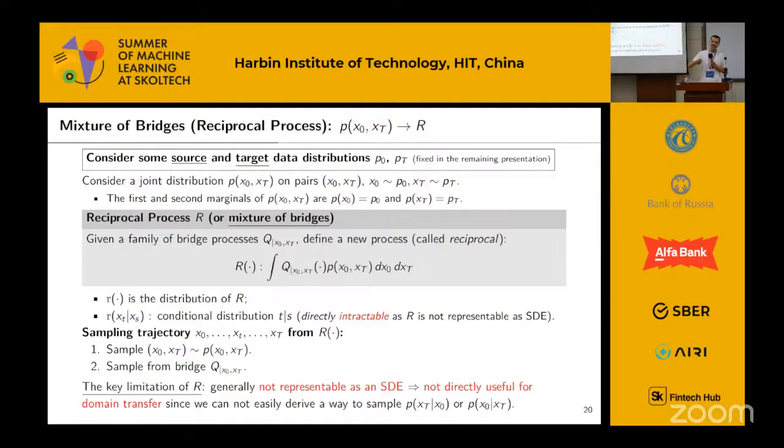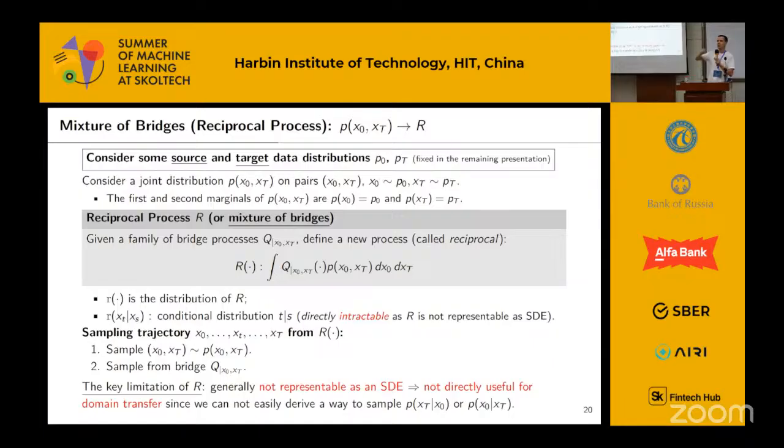So basically, it's a stochastic process which is created the following way. To generate a trajectory of such a process, what we need to do? We need to take start and end points from our distribution of pairs, so from the distribution P of x0 and x1. So we take some pairs.